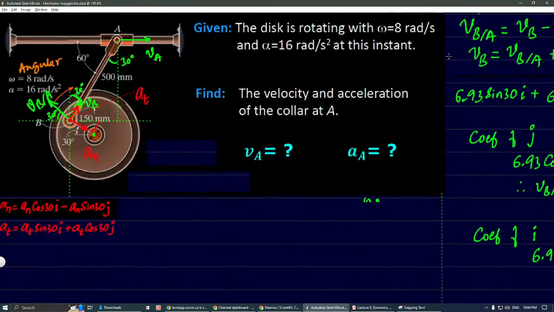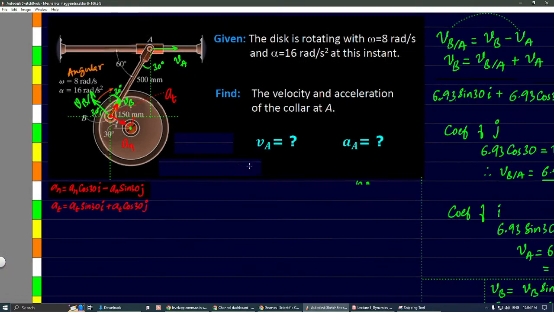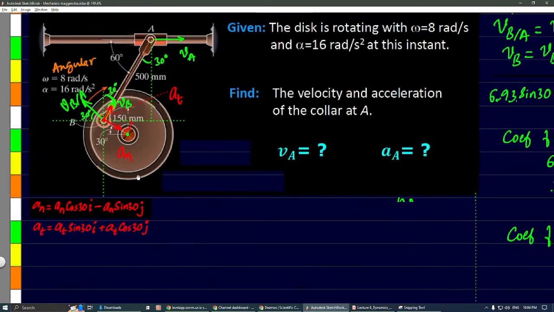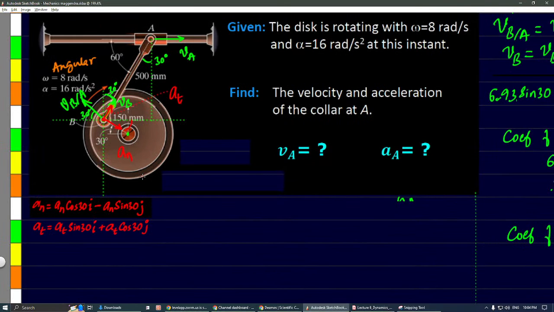We defined both the accelerations now, and now in the same way we have to define two more accelerations. This acceleration was for B, normal and tangential. These are for absolute B.